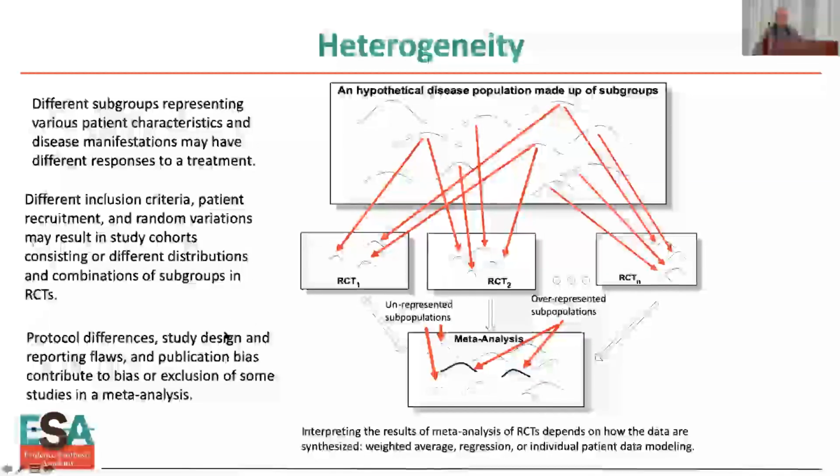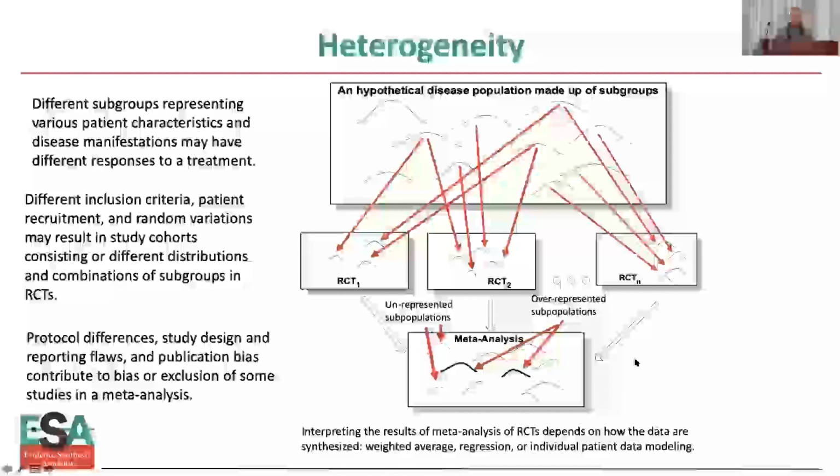And then when you combine these studies into a meta-analysis, the way these studies are constructed, they're going to have different protocols, different study designs, different ways of reporting, different types of biases, and that can also affect what you see in the meta-analysis. So for example, let's say these N studies were done, but this second study was never published, I would never see it, right? So it wouldn't come into my meta-analysis.